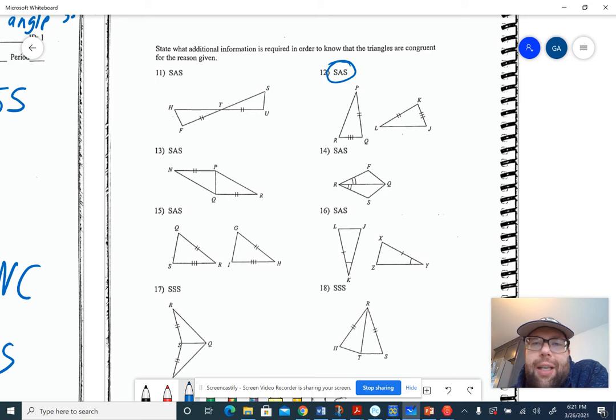So the thing that's missing is the angle. So basically, I just need to draw in the tick mark that this angle has to be congruent to this angle, right? The angle that is in between the 2 sides to satisfy it. Now, that's all you really need, right? That's just angle Q is equal to angle K. Okay, that's all you really need.